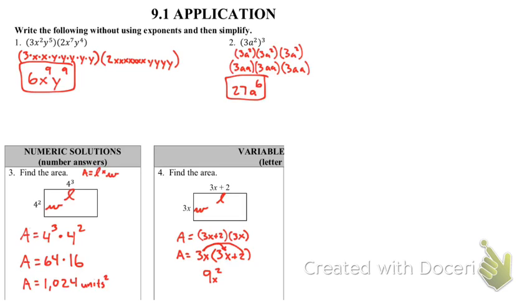So 3 times 2 is positive 6. And then how many x's do we have? We have 1x. Looking at this, we cannot add these together because they are not like terms. So this would be my final answer. This is my area, and again, it's units squared.